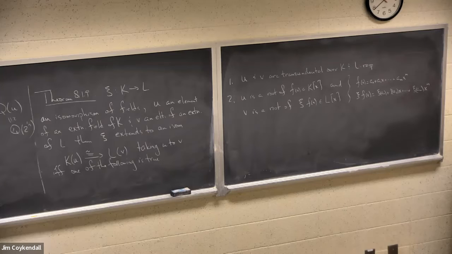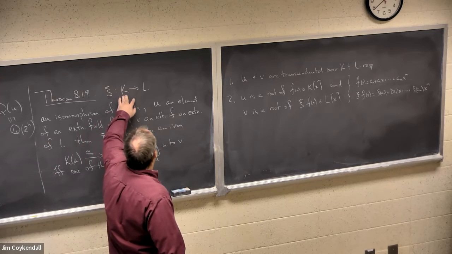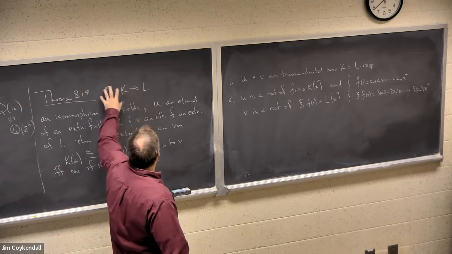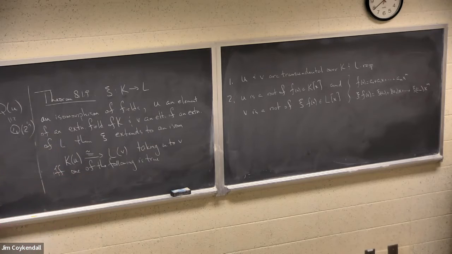So this is a homomorphism that takes K's to L's, and it's just what this thing naturally does to the polynomial.